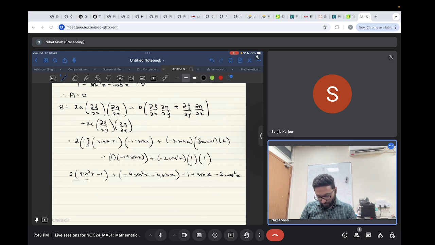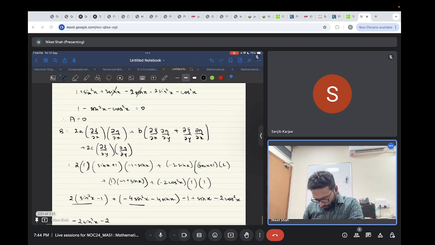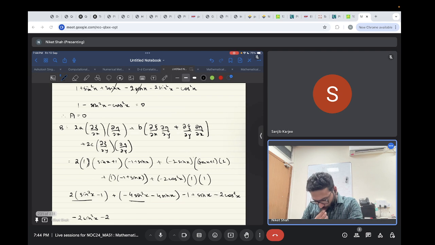Hmm. So here I have 2 sin square x minus 4 sin square x. Okay, so this is minus 2 sin square x minus 2. This is just 1, not 2, right?